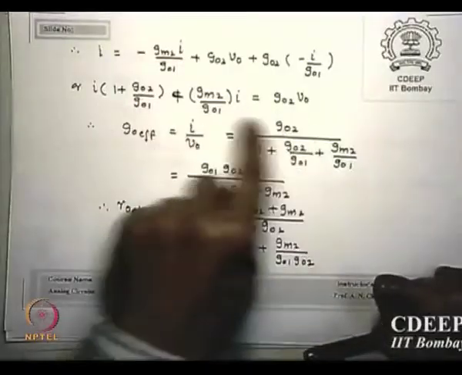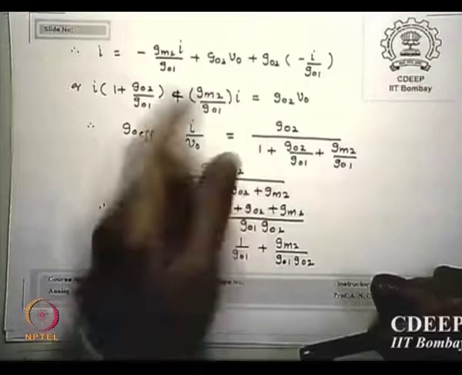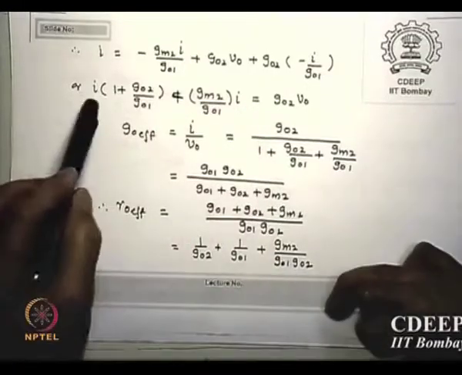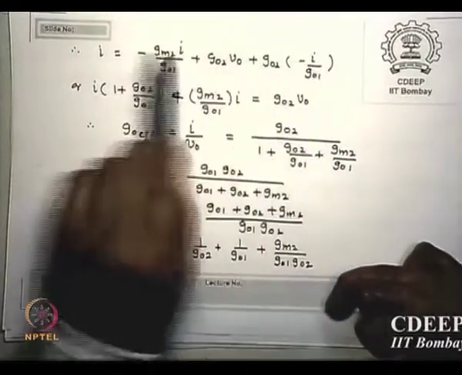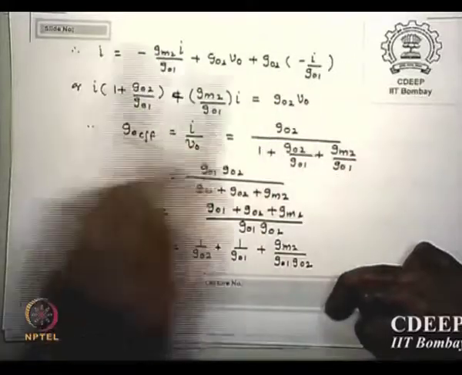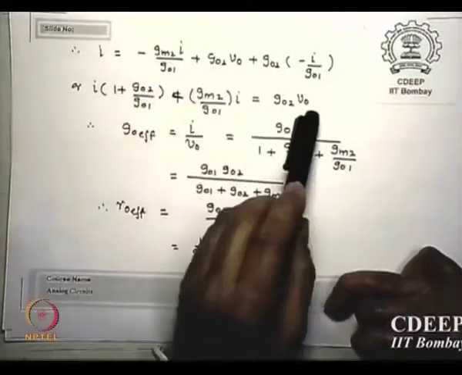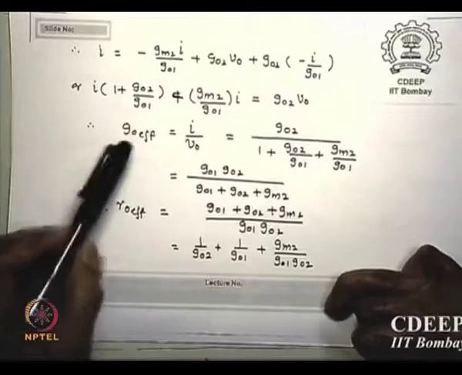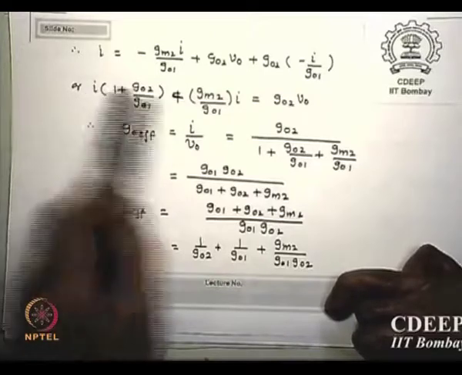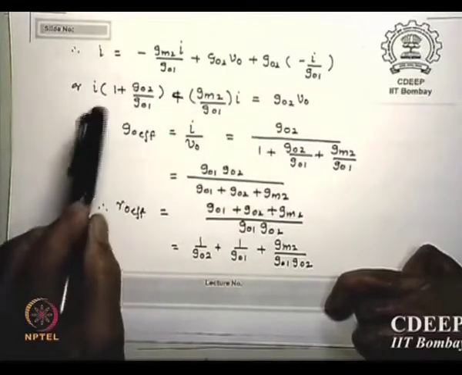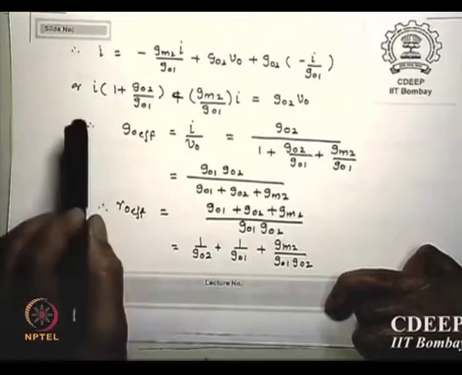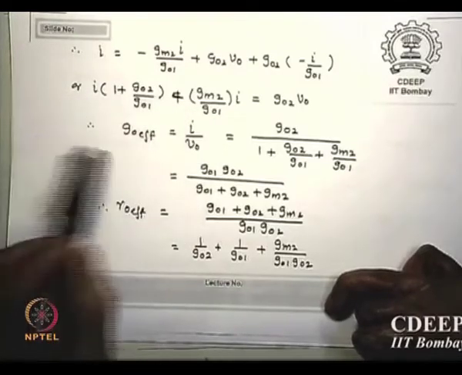I forgot this term, so I rewrote it again. So collecting I terms on the left, the other term is GO2 V0. So the sum is 1 plus GO2 plus GO1 plus GM2 by GO1, into I, is GO2 V0.